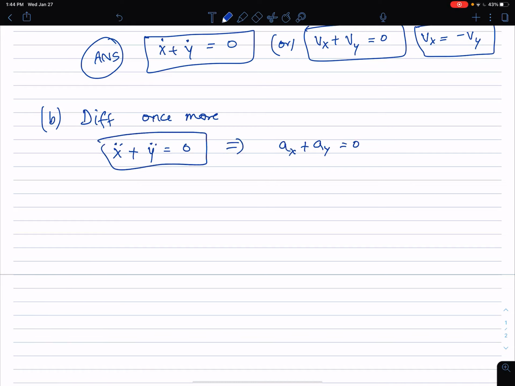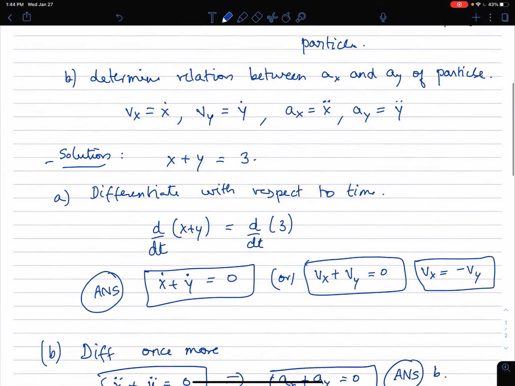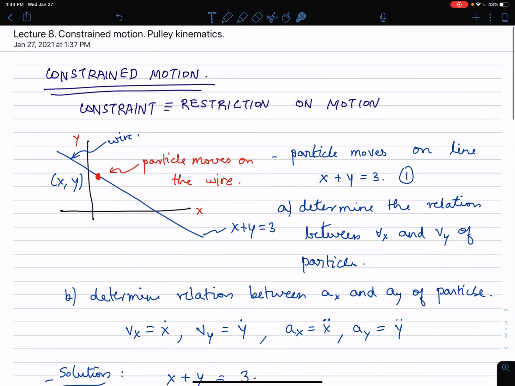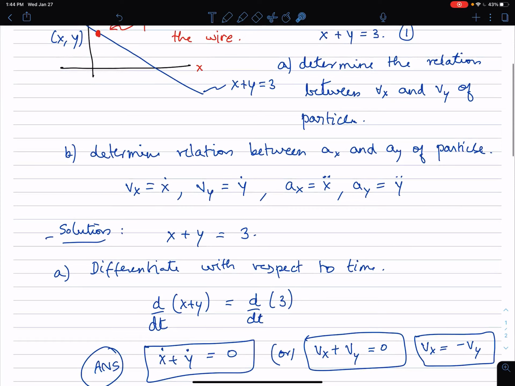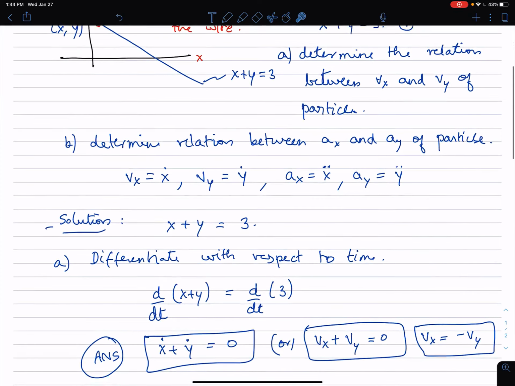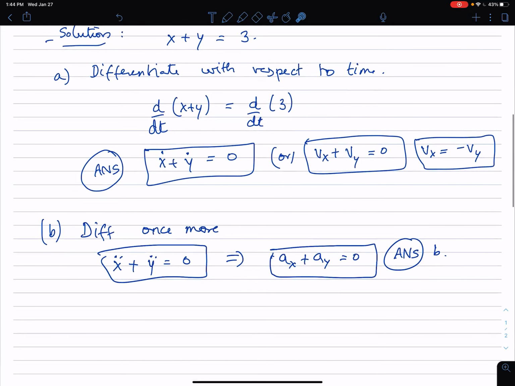So these are all acceptable relationships for part B. Okay. So that's really what we mean by constrained motion. In this case, it's constrained so that the x velocity and the y velocity are related by this simple relationship.